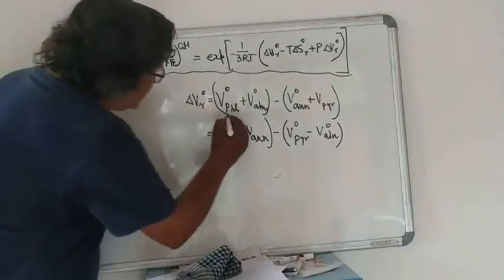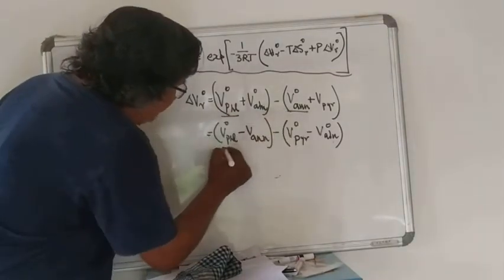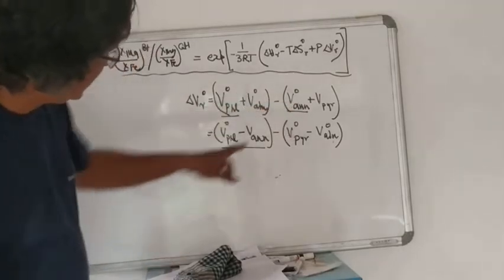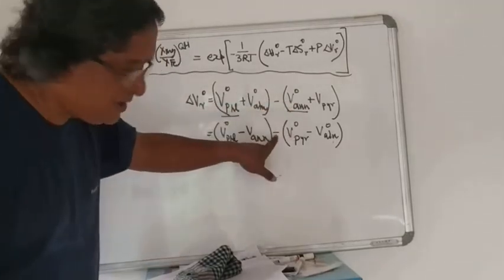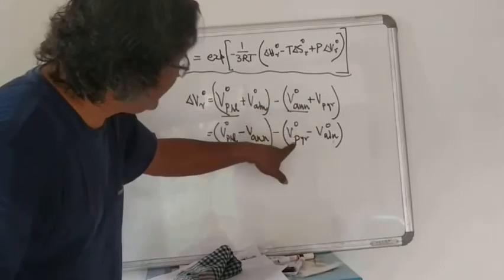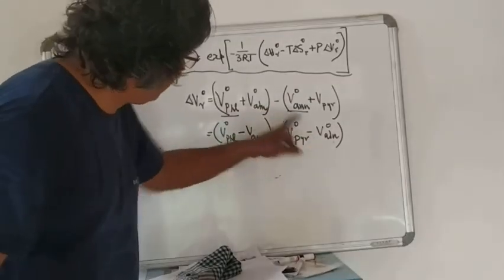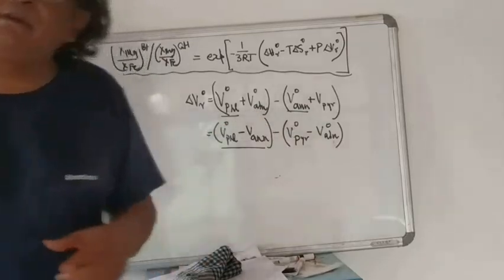V phlogopite minus V annite, right? And then I write minus. The moment I write minus, V pyrope has to come here. And then minus of minus, it's V almandine.